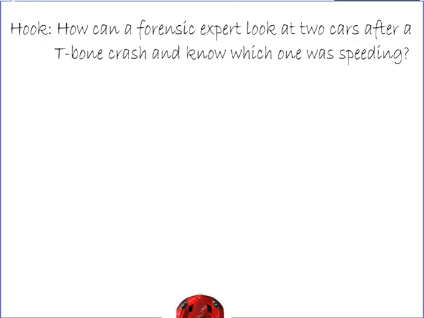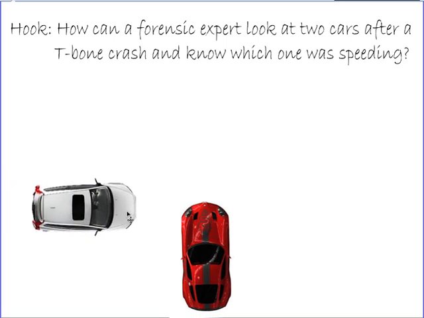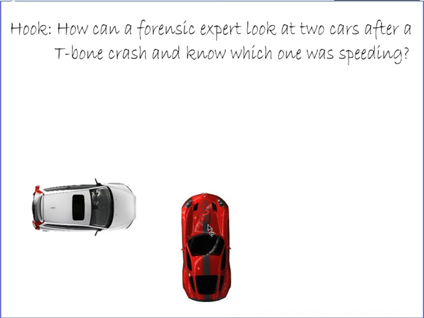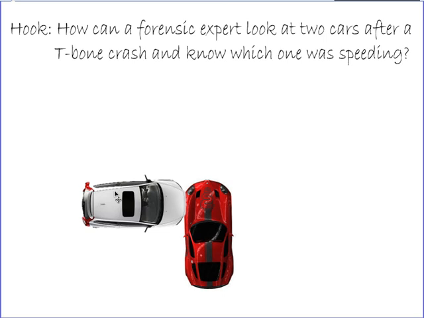Now a more interesting problem: we have this T-bone crash, and in this case we have a sporty red sports car coming up and this other car coming in from the side. It is actually the fault of this car that there is this collision.